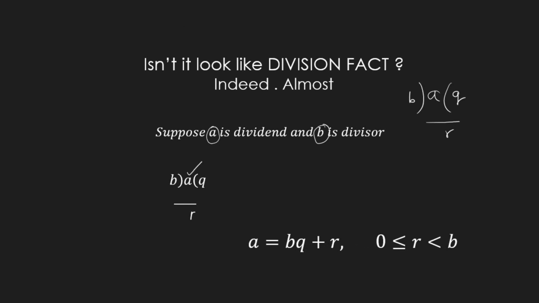This particular A, the main thing, is equal to B into Q plus the remainder. A is equal to B into Q plus R. What is the nature of the remainder? Either it becomes 0 or more than 0, but it must be less than the divisor B. This has been learned as the division fact for us.